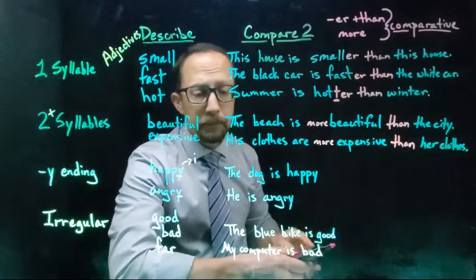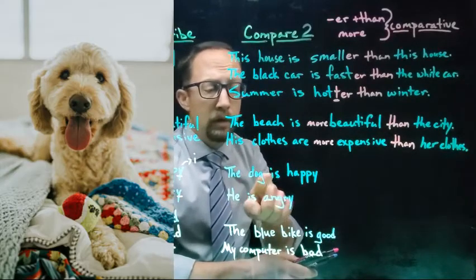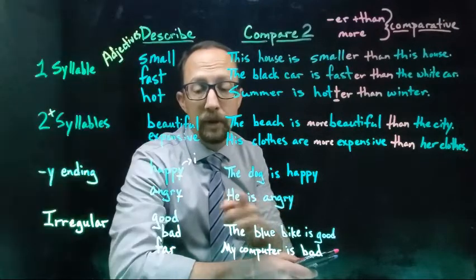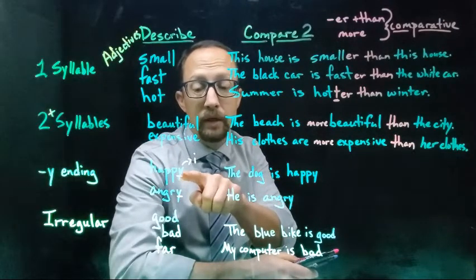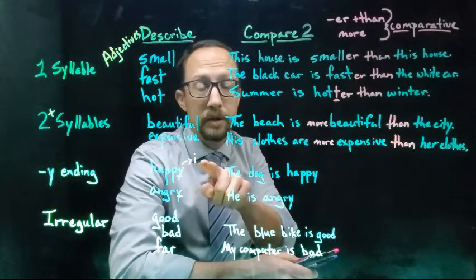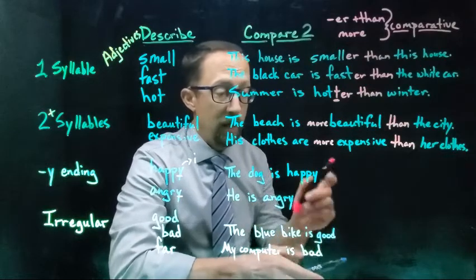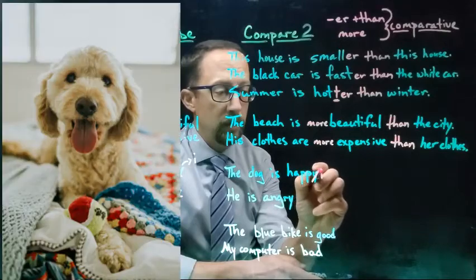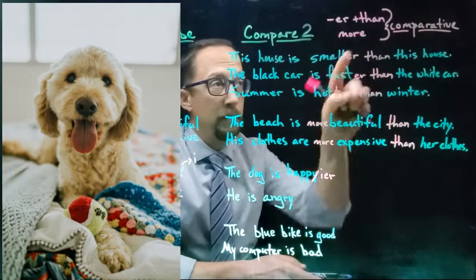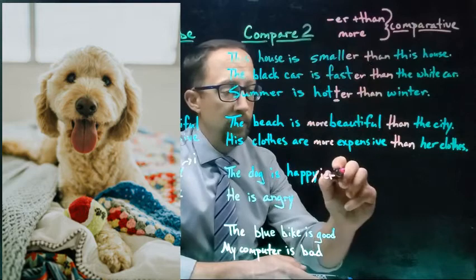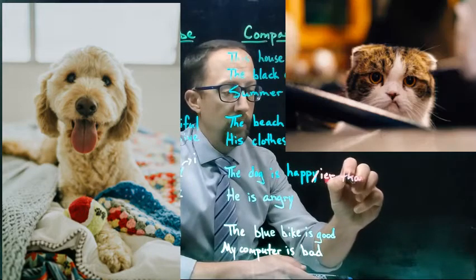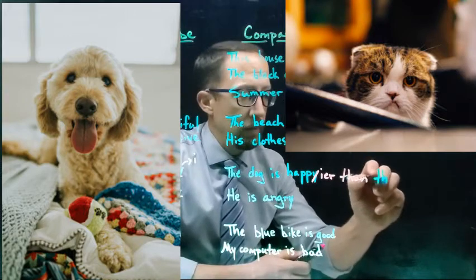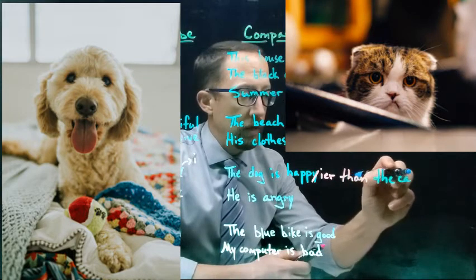That's fine. The dog is happy. But we have the Y ending, so Y changes to I. So we say the dog is happier than the cat.